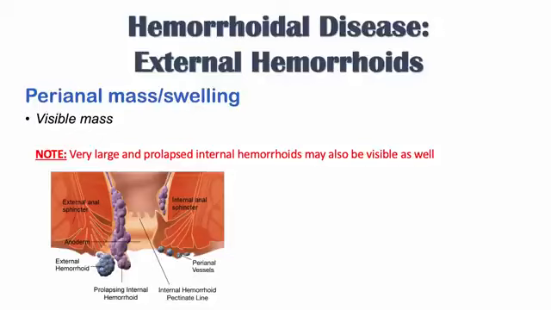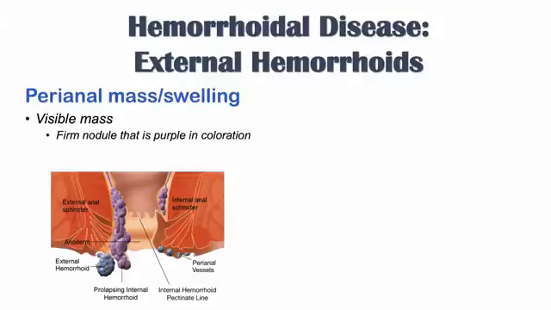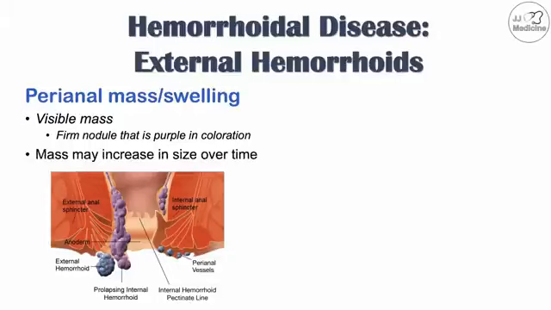As I mentioned before, it's oftentimes a visible mass, and it looks like a firm nodule that is purple in coloration. This purple firm nodule can increase in size over time. As the external hemorrhoid increases in size and becomes more problematic, that visible mass can appear larger and larger over time.